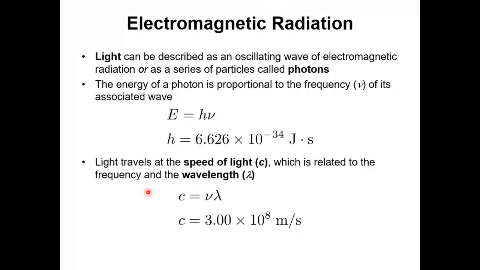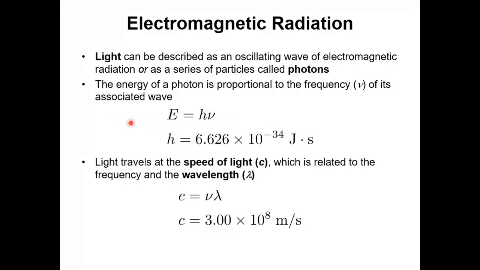In order to deal with problems or use electromagnetic radiation, if you consider light as a stream of particles called photons, then the energy inside each photon is equal to Planck's constant times its frequency.